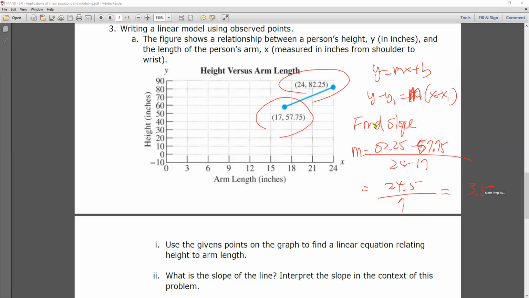So this is not bad. What this is telling me is that the slope is 3.5. So now I'm going to use the slope and one of these 2 points to write my equation. So I'm going to use the point slope form. Got y minus 57.75 equal slope, which is 3.5, multiplied by x minus, let's see, I used the 57.75, so 17.